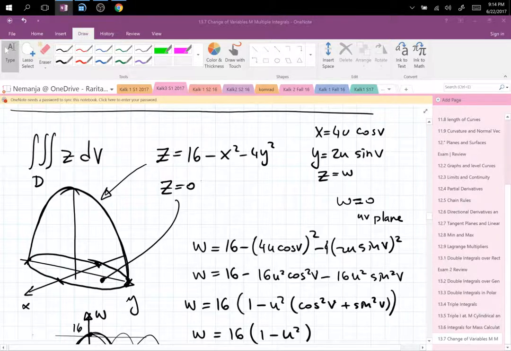Would that help? Pi over 2. Meditate on this idea. And if you do 0 to 2 pi, you can solve it.